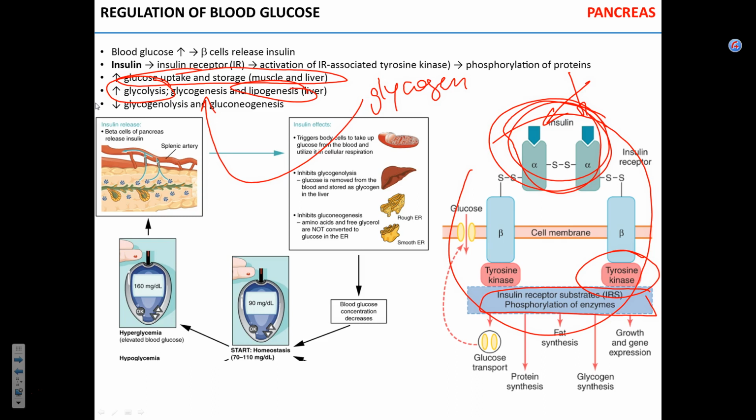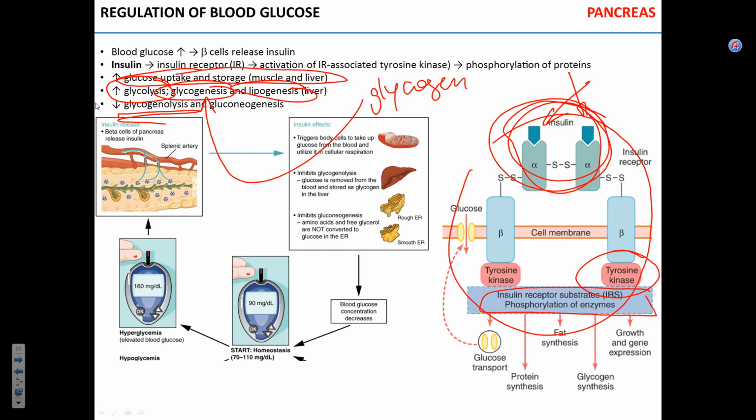What is the opposite of synthesizing glycogen? Breakdown. So, if glycogen synthesis, glycogenesis, is stimulated, then glycogenolysis, breakdown of glycogen, will be inhibited. Does that make sense to you?